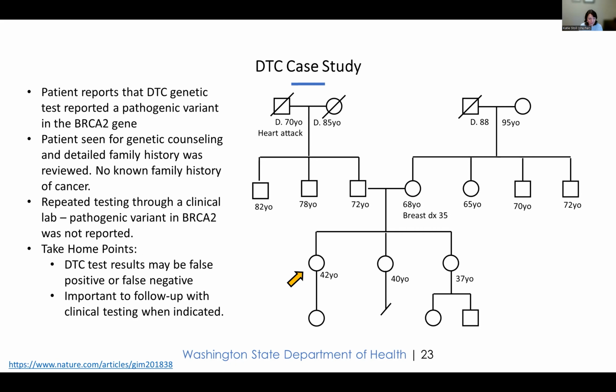And follow-up testing through a clinical laboratory did not confirm the variant that was reported. We know that oftentimes test results coming from these labs are not confirmed through follow-up clinical testing. So it's important to refer these patients on so they can have that confirmation or not through that next step.